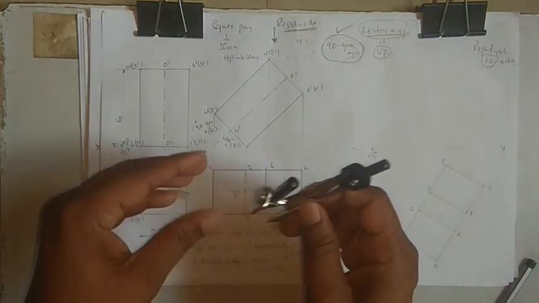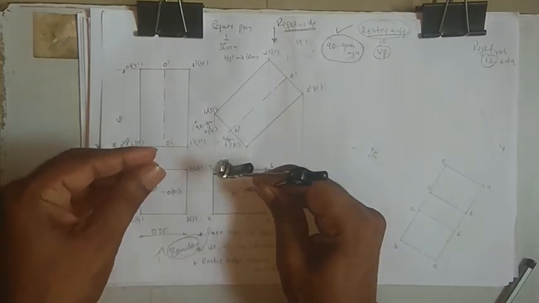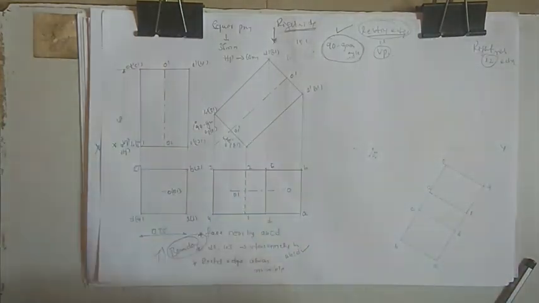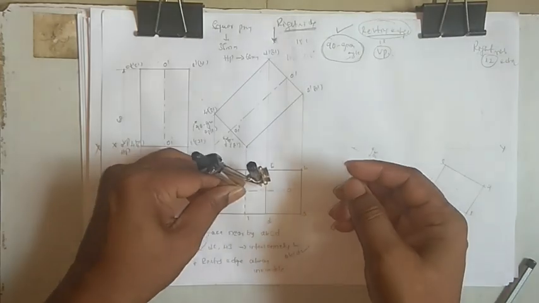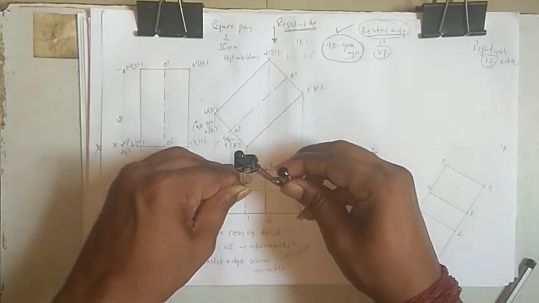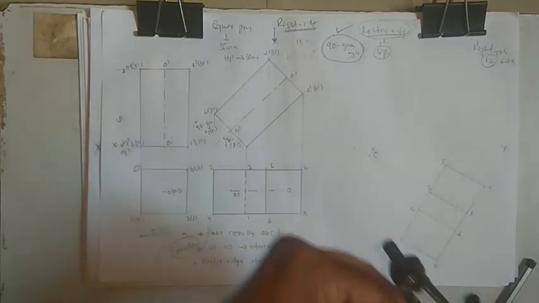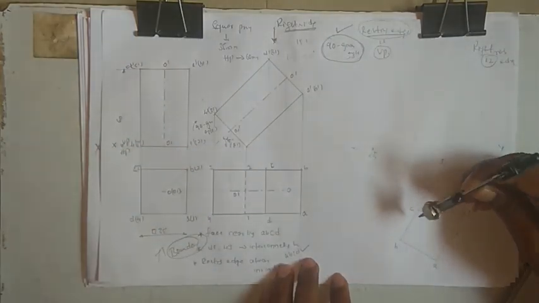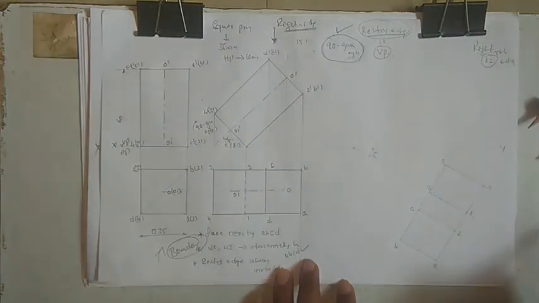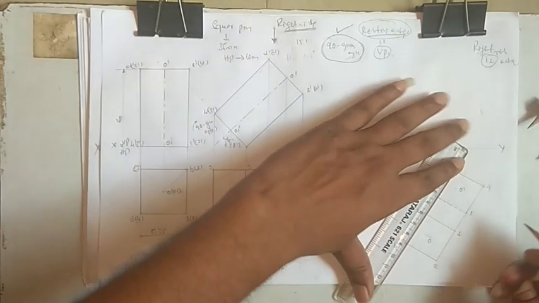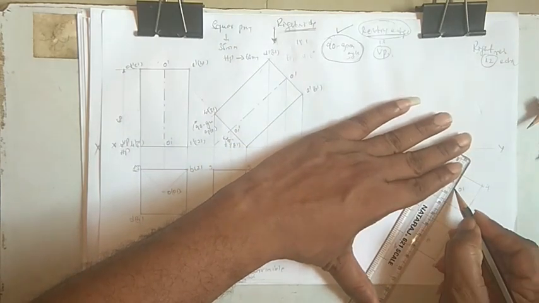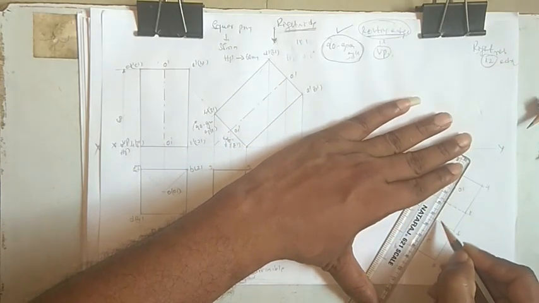Now from 2 line you just take O1, and from 2 line you just take O. So now this is O1, this is O. So now mark this one as an axis line.